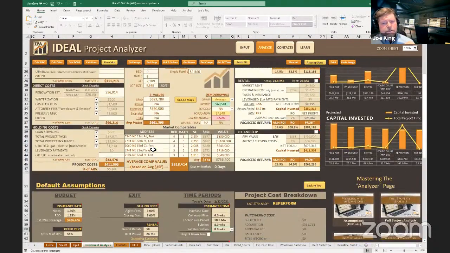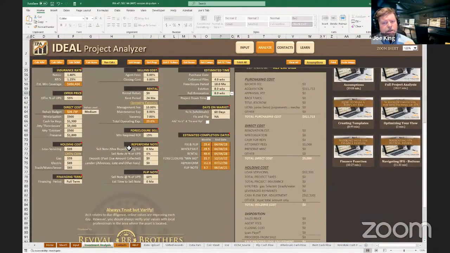So if we come down to our assumptions again, and we look at reperforming this note, we're going to reperform it, and then sell it after a specific time frame. Let's just say 6 years, which is about 72 months.